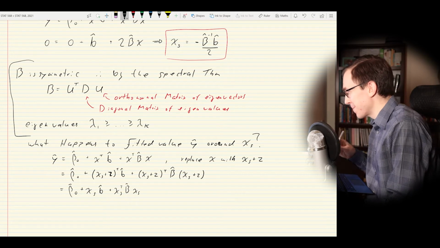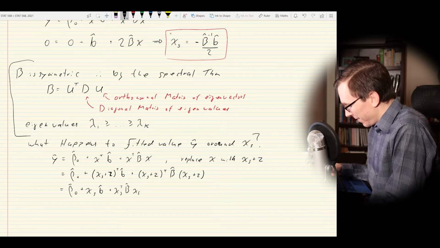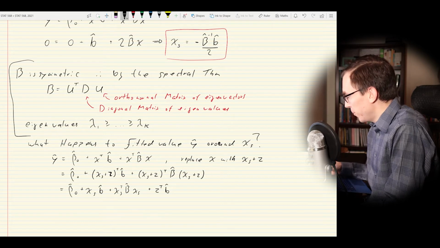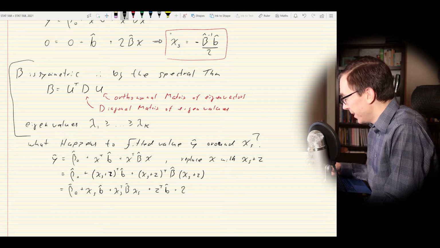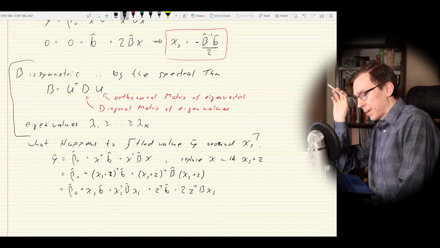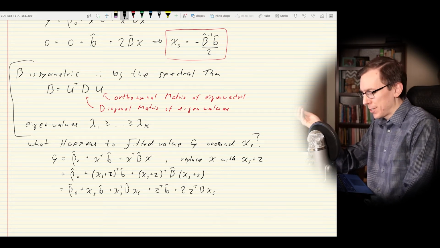So just stick with me a little bit longer. Then what we get is a z transpose b hat, we get a 2 z transpose B xs. In this case, remember that B is a symmetric matrix, so x transpose B z is equal to z transpose B x because it's symmetric.